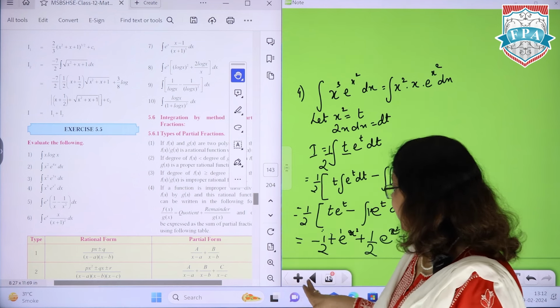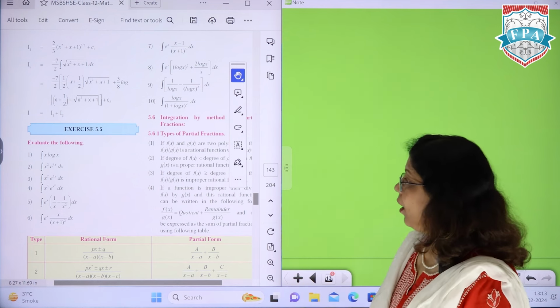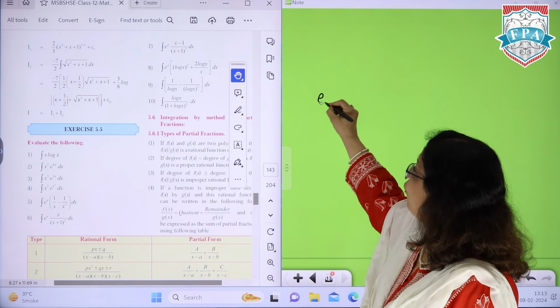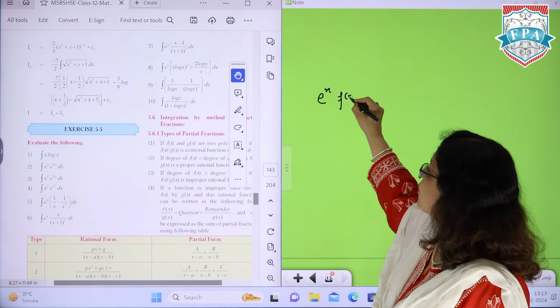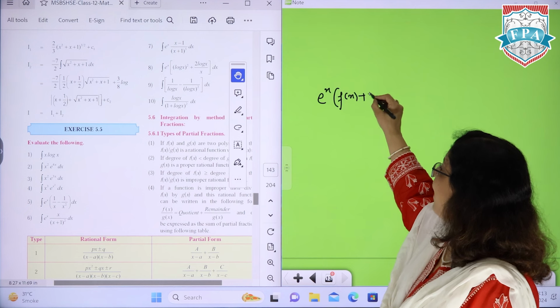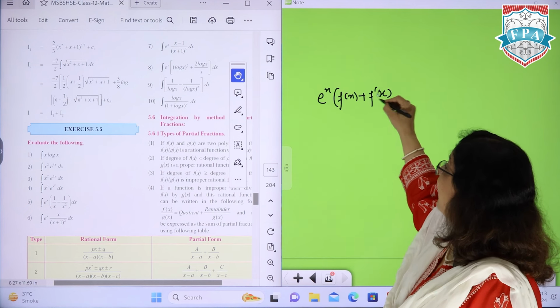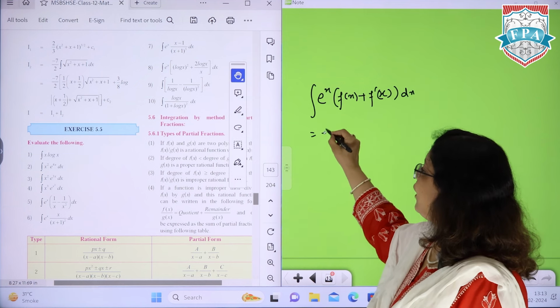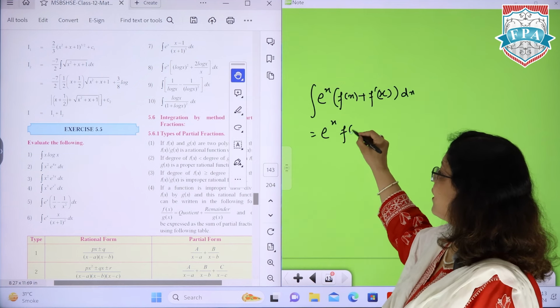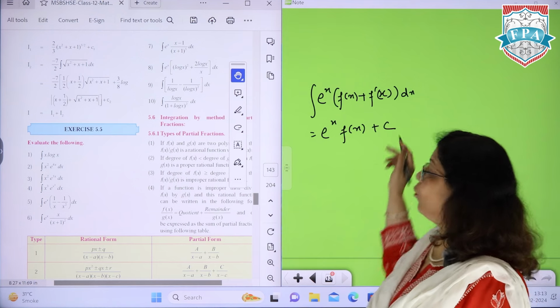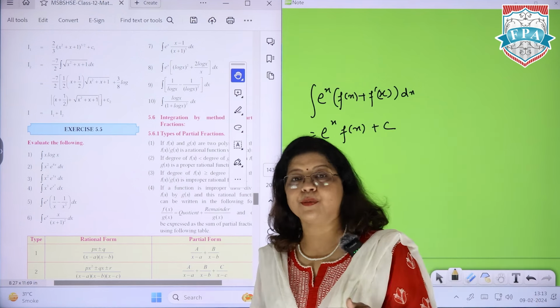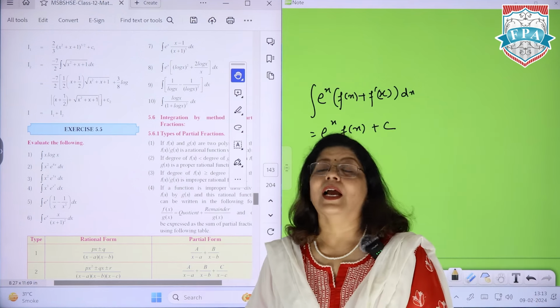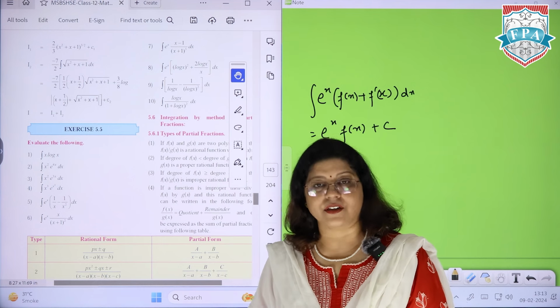Another method which is there is if the question is of the format e to the power x fx plus f dash x, directly we can get the final answer as e to the power of x fx plus c. Now again you must be noticing so many different methods, so many different formulae, and that is the reason the chapter is considered tough.